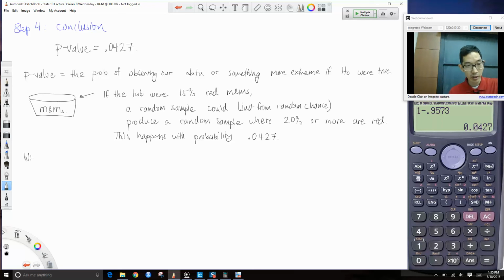So we can say, okay, I still believe the tub could be 15% red.